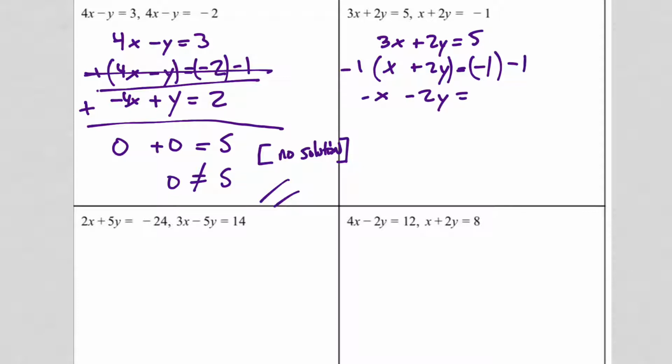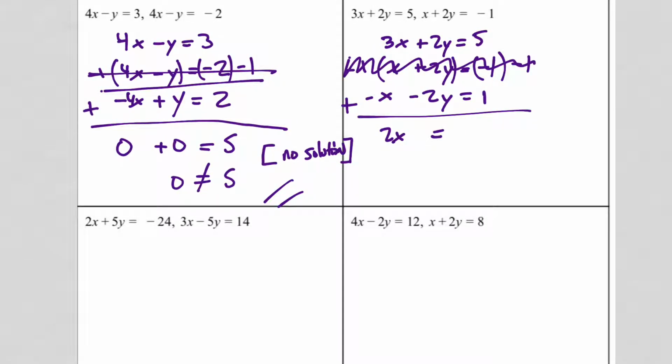Minus 2y is equal to a positive 1. Now I can scratch this out, add them together. 3 minus 1, 2x. Plus 2 minus 2, 0. 2x is equal to 5 plus 1, which is 6. That makes x not equal to 6. x is equal to 3, right? Because you have to divide both sides by 2.